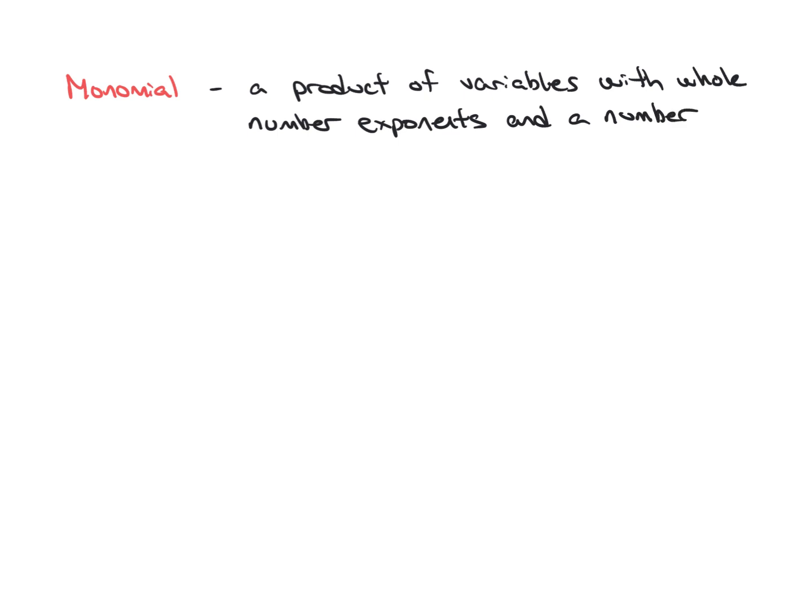So to give you some examples, here's what one of the more complicated monomials might look like. 4a squared b cubed. Now, why does this satisfy the definition? Because first of all, it's a product of things. The 4 and the a squared and the b cubed, they are all multiplied together. When we write them beside each other like that, with no operators, it's assumed that the operation is multiplication.